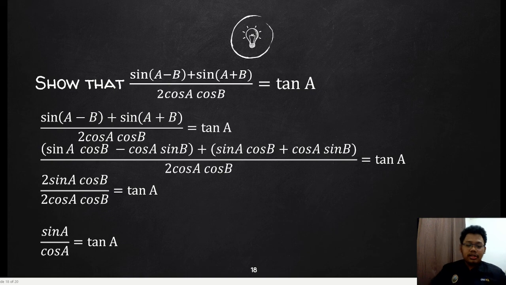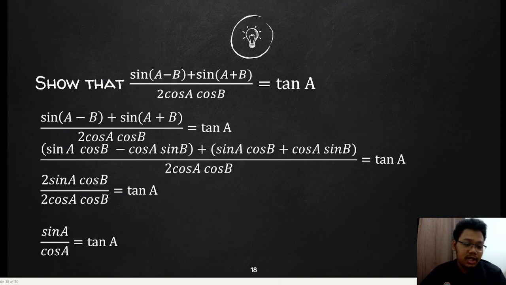Alright, this is an example from a previous senior test question. The question is: sine(A minus B) plus sine(A plus B), over 2 cos A cos B, is equal to tangent A. So the question is to prove this function is equal to tangent A, right? How can you use it?